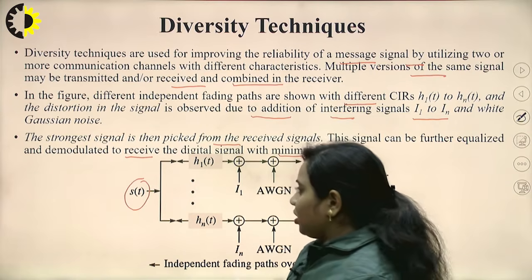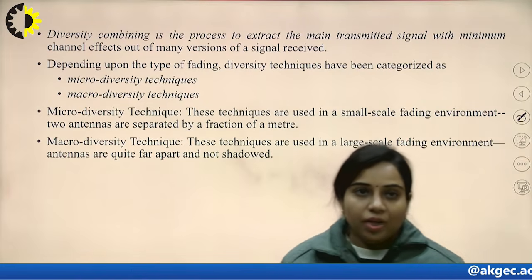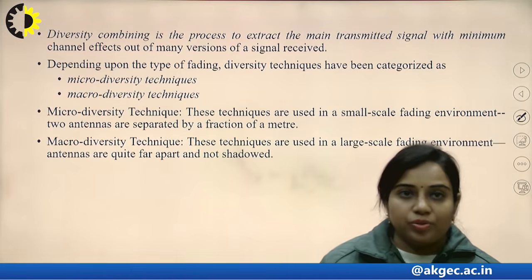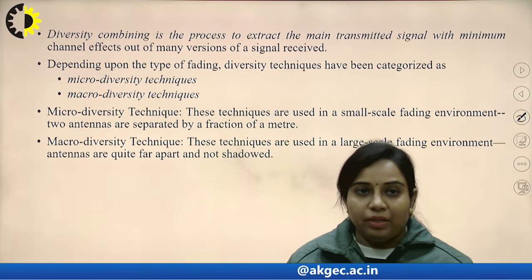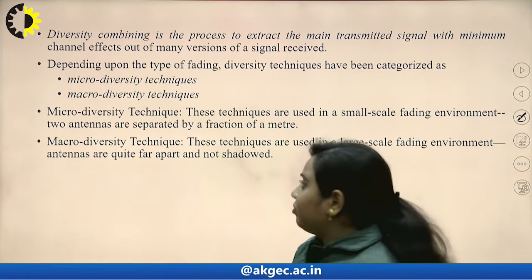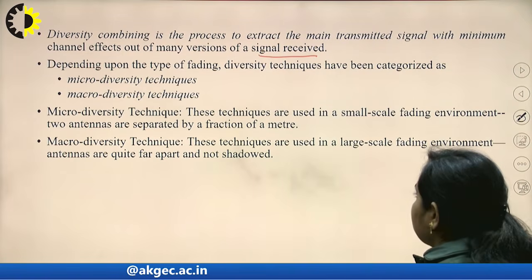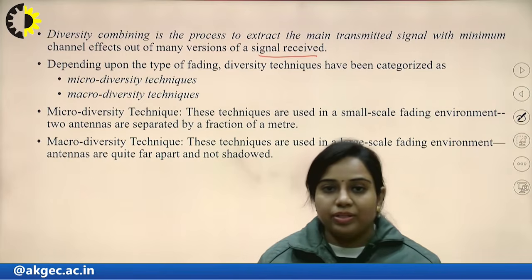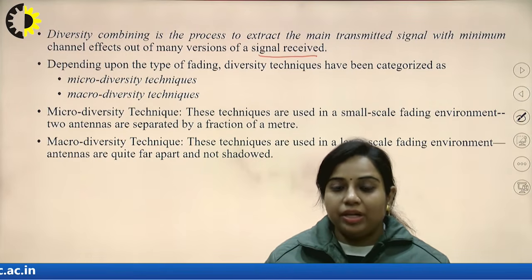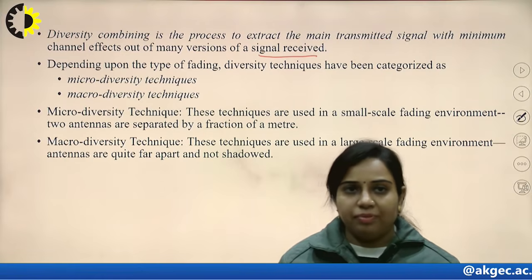So, that is the introduction of diversity technique. Diversity combining is the process to extract the main transmitted signal with minimum channel effects out of many versions of the signal that is received. In diversity we are using different channels, which are affected with different AWGN noise, shifted in time and frequency.